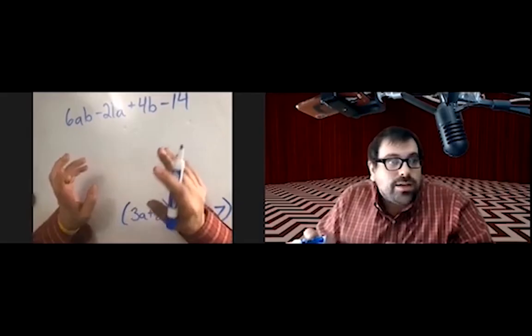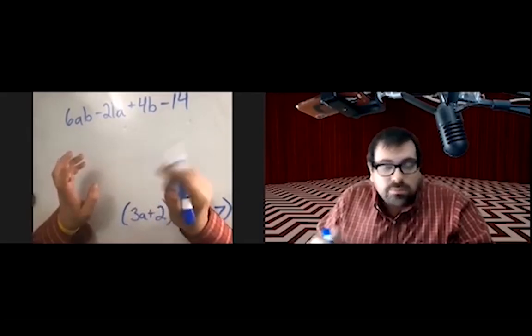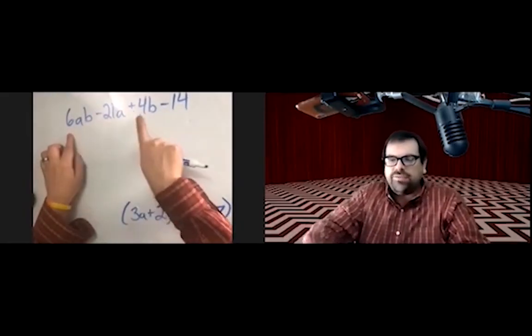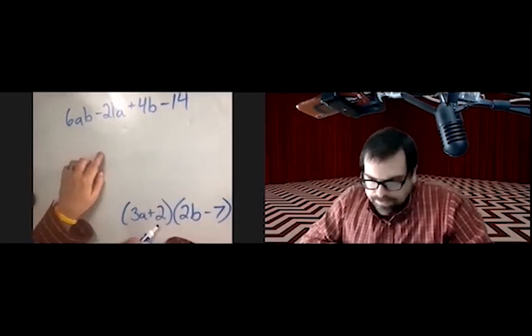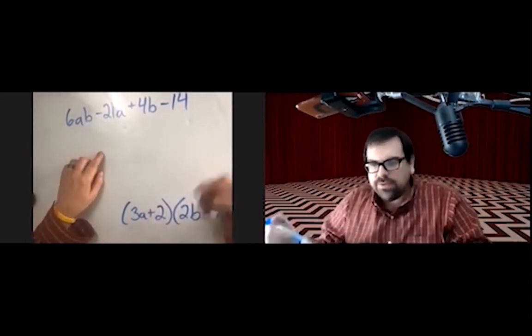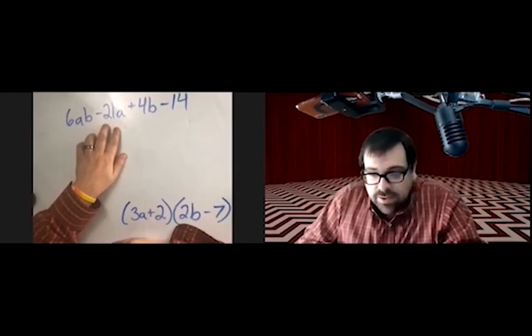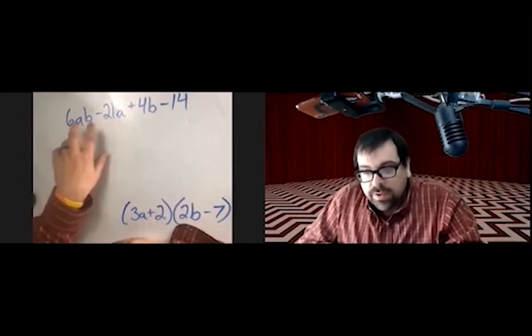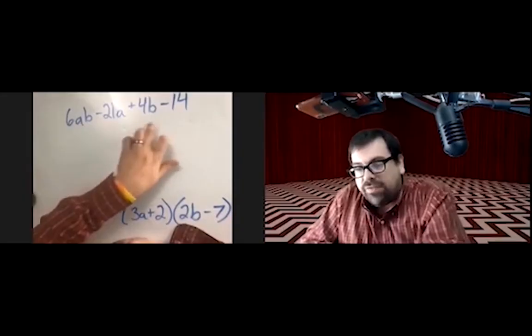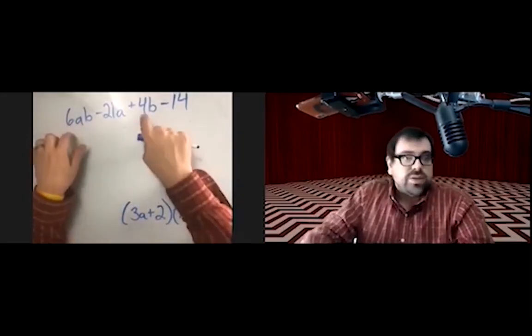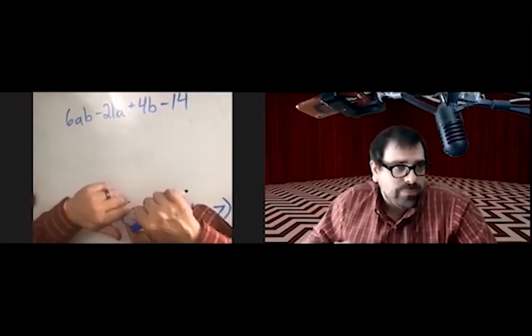It has to occur in all 4 terms. 6, 21, 4, and 14 do not have any factors in common. To see that, 21, the prime factorization would be 3 times 7. These ones wouldn't have a factor of 3. These ones wouldn't have a factor of 7. There is not anything that's going to be able to come out of all 4.